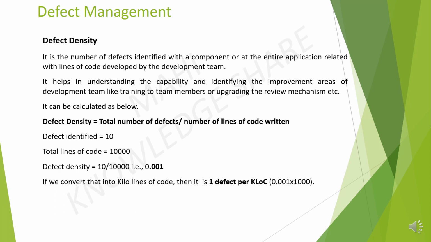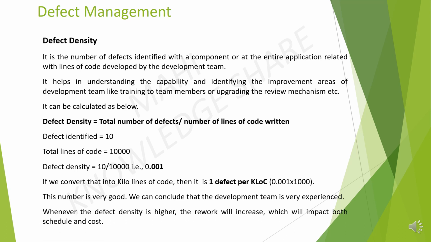If we convert that into kilo lines of code, then it is 1 defect per kilo lines of code. This number is very good. We can conclude that the development team is very experienced. Whenever the defect density is higher, the rework will increase, which will impact both schedule and cost.